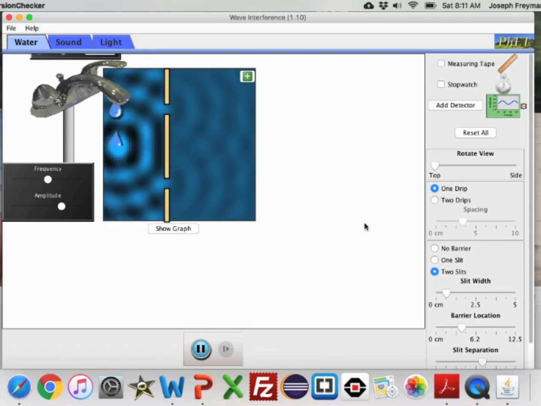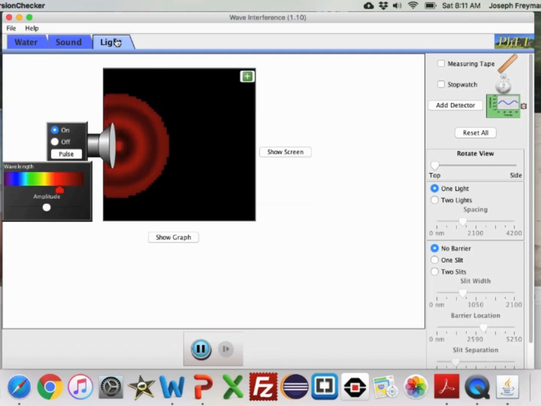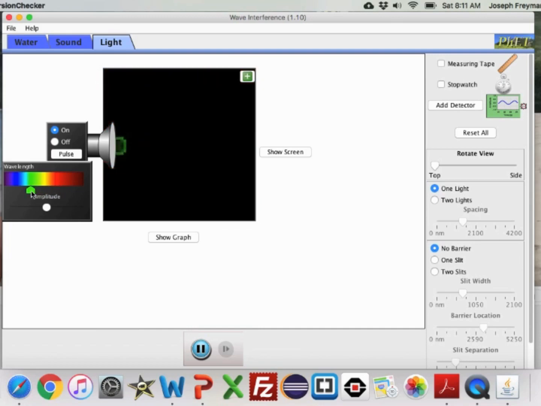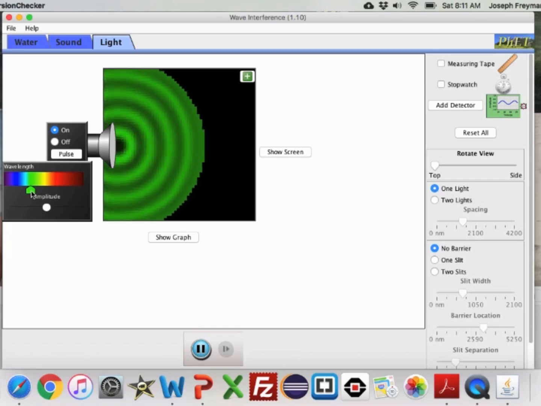Okay, so let's see this with light. So if I'm using laser light here because it's monochromatic and coherent, and maybe I'll use one that's a little easier to see, green lasers.